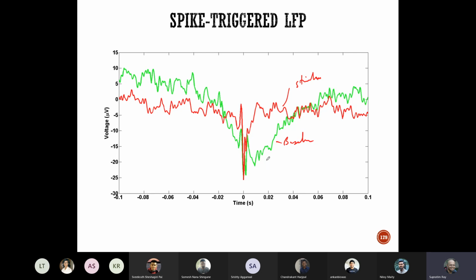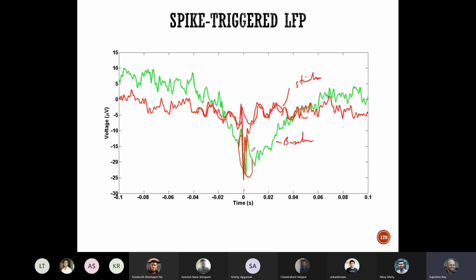Very slowish wave, very weak alpha, very low frequency stuff. But when there is a stimulus, it seems to be oscillating like this. So it seems that spikes at time 0 are occurring at a particular phase of the oscillation in the signal.